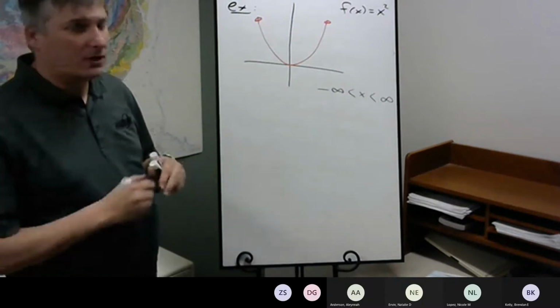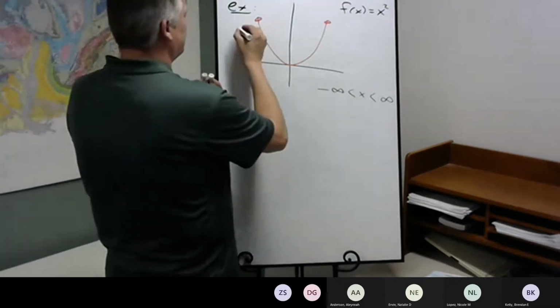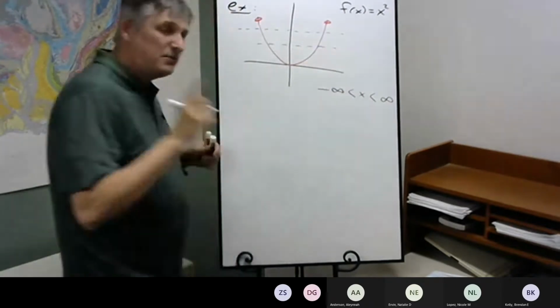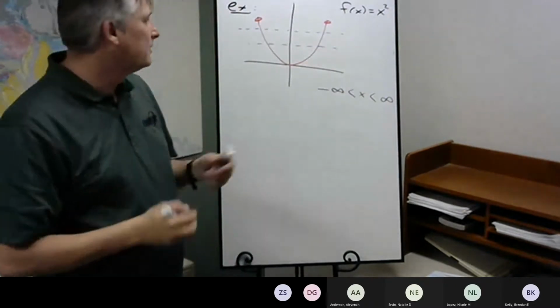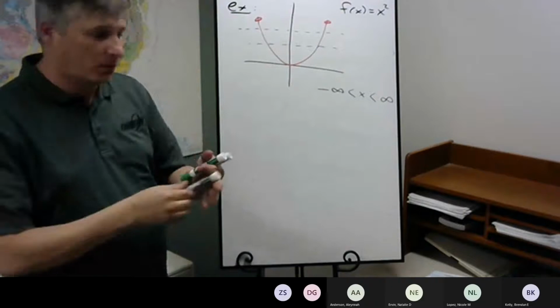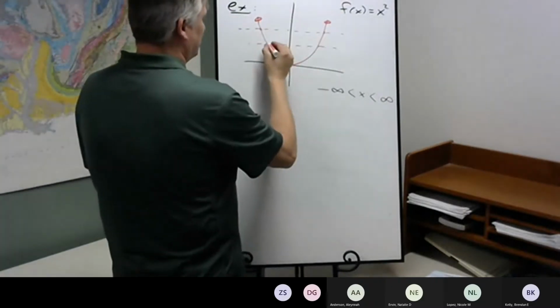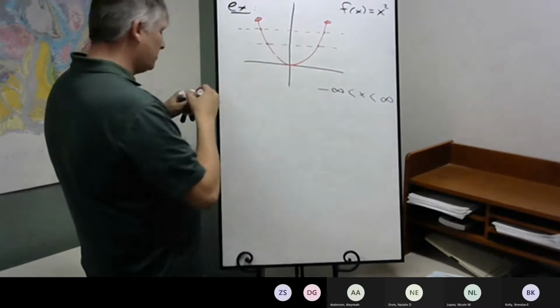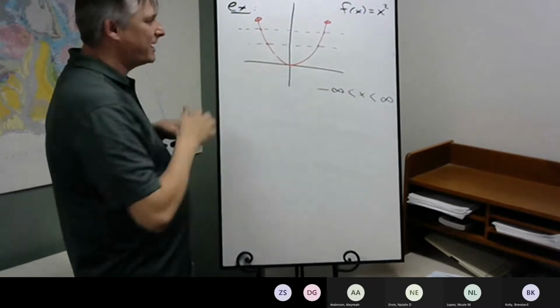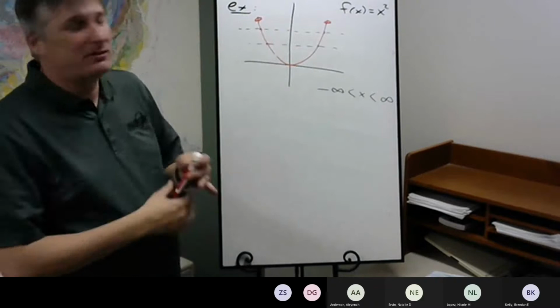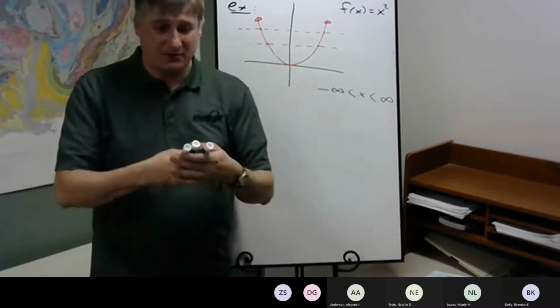Now if we run the horizontal line test, all you need is one horizontal line to intersect this graph more than once. So here's a fail. This line creates a fail. It'll pass here at the vertex, but just because it passes once, that's not good enough. It has to be able to always pass.